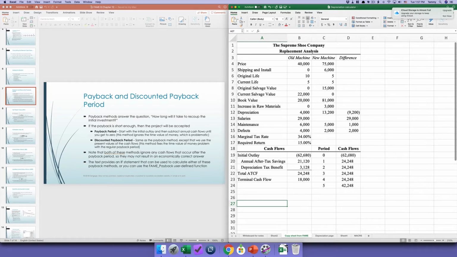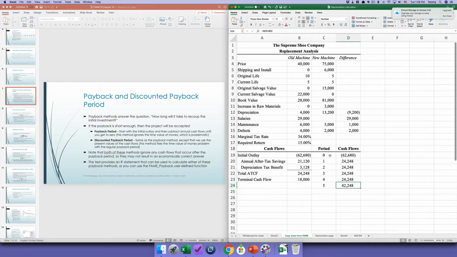So we have an initial outlay of $62,680, and then we're going to have 5 years of $24,240 after-tax cash flow, and then a terminal value of 18, which we add to that last year's after-tax cash flow. Okay, so this is our profile of the cash flows associated with this investment.